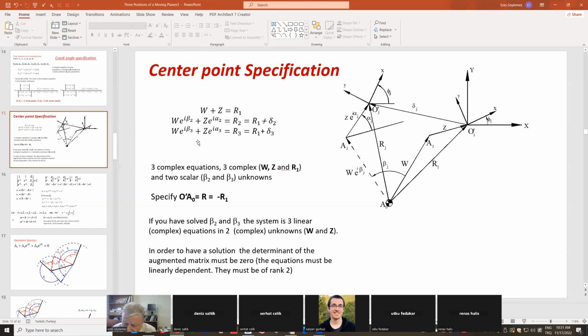If you have 3 linear equations in 2 unknowns, what can you say about the solution? Is it solvable? I think so. No? No.